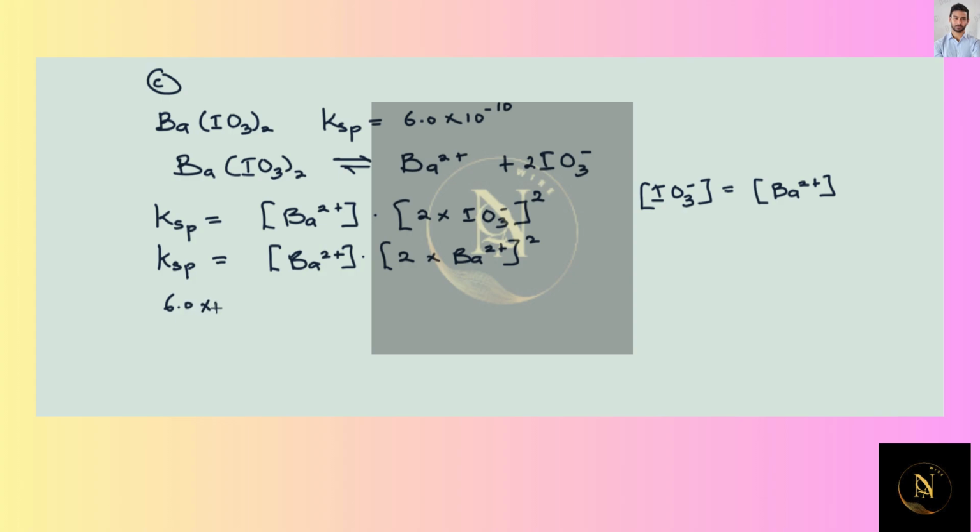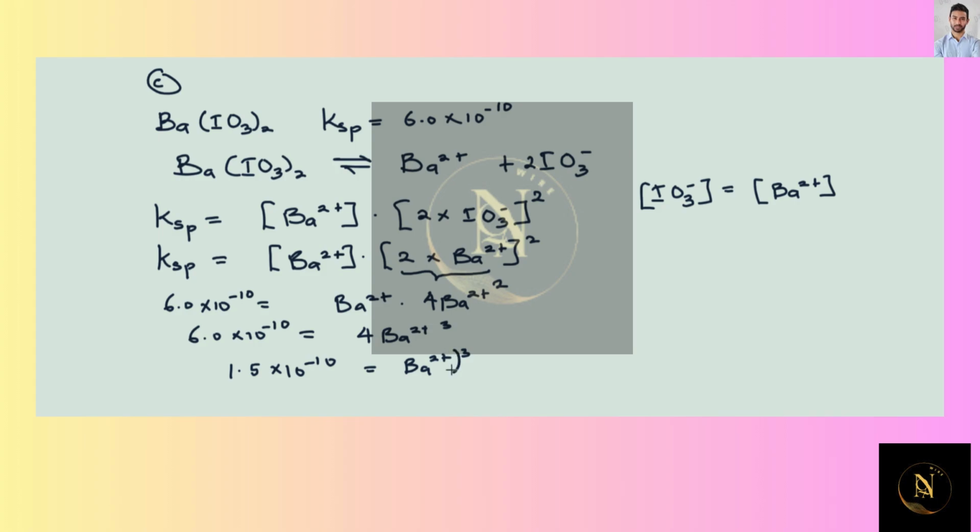If we simplify this expression, 2 squared is 4, and this all simplifies to 4 Ba2 plus squared. And we have Ba2 plus here. So if we multiply it, we'll have 6.0 times 10 to the power minus 10 equal to 4 Ba2 plus cubed. Divide this by 4. So 6.0 times 10 to the power minus 10 divided by 4 is 1.5 times 10 to the power minus 10, equal to Ba2 plus cubed.